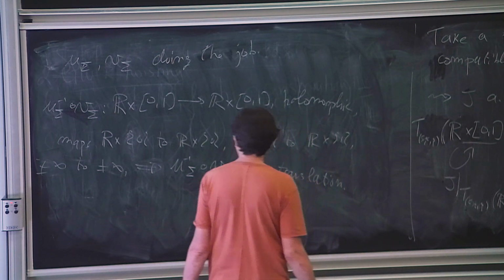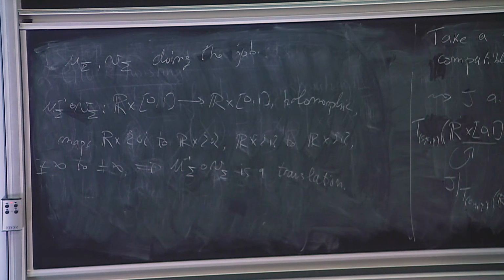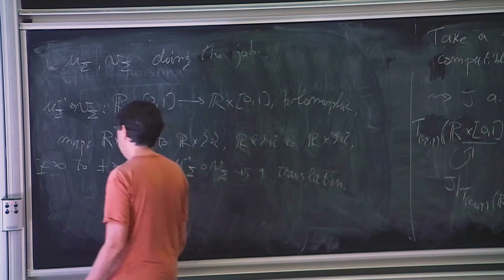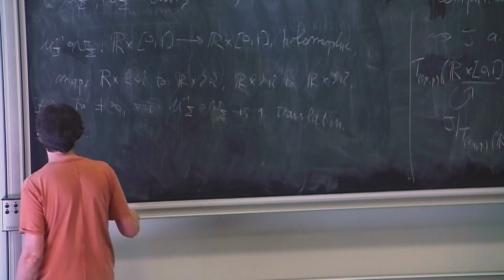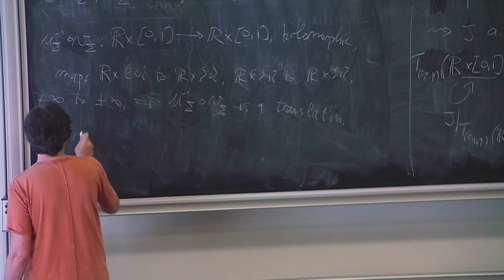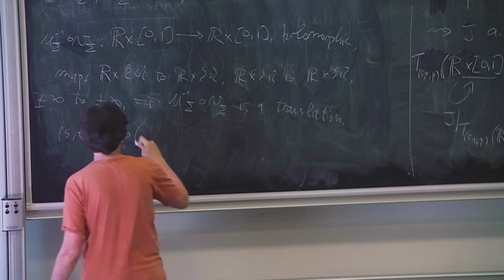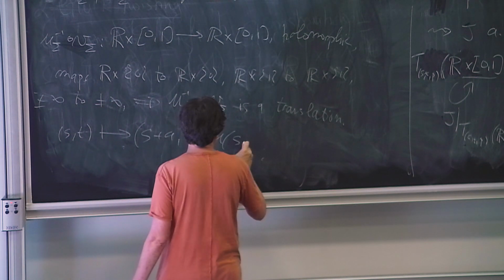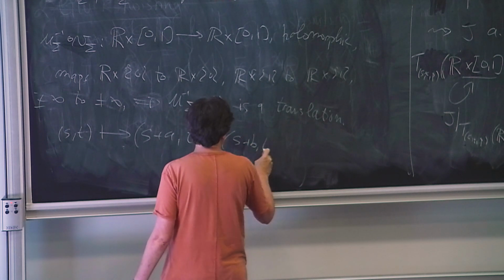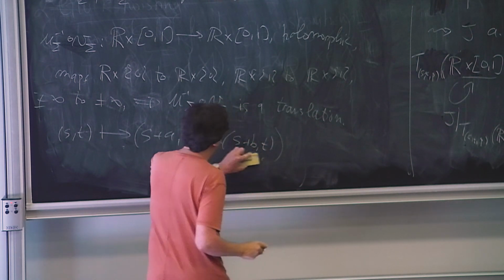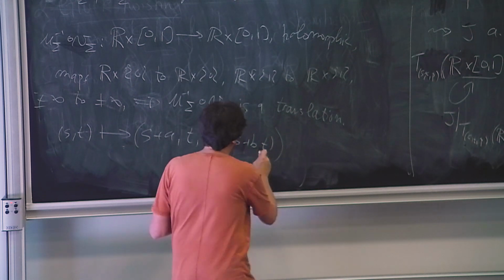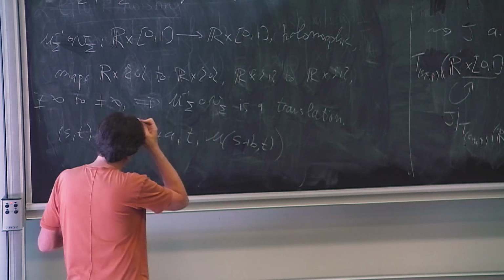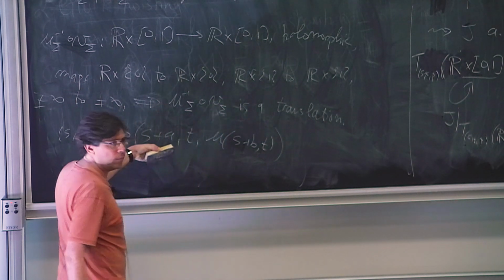So it turns out that every map covering D is of the form S,T goes to S plus A, T, U of S plus B, T. So translations at the source and at the target.